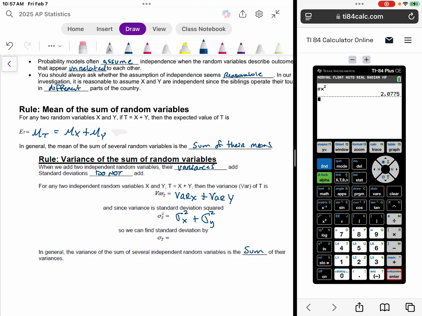And therefore, if we need to find the standard deviation of the random variable t, which is the combination of the two things, I just square root the sum of the squared standard deviations.